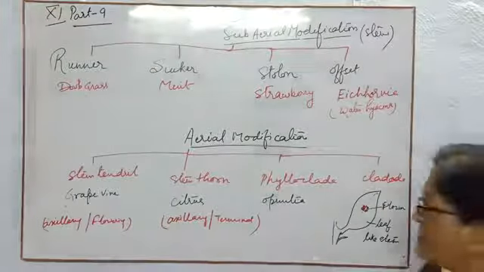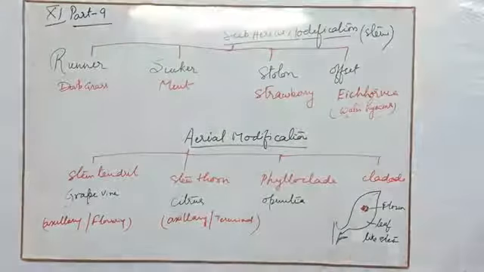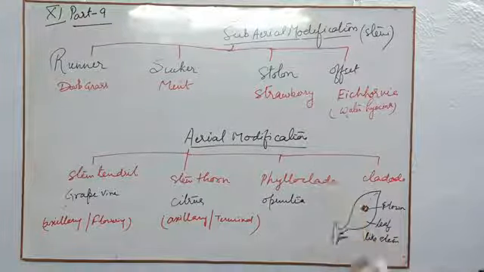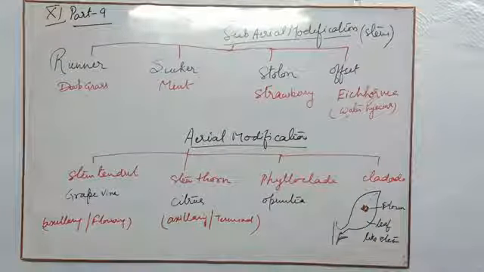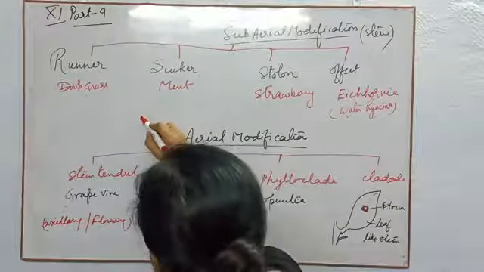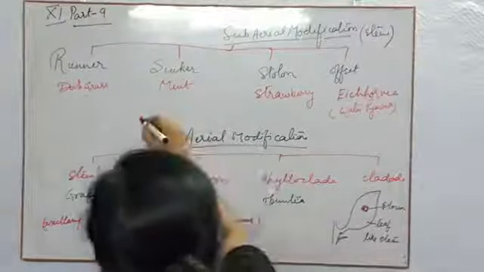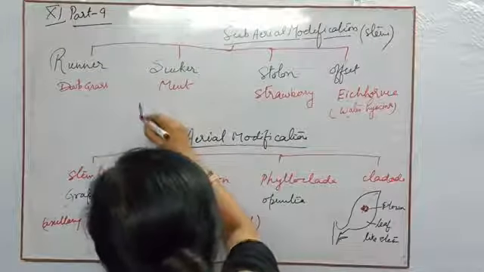Now the third one is stolon. Stolon also has the same criteria but with a little bit of difference. Suppose this is one plant and it grows at one place.